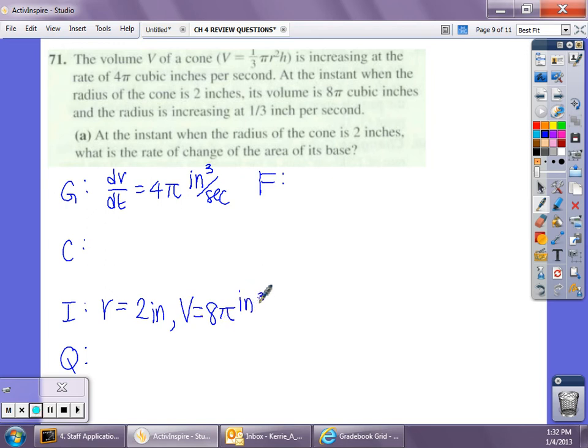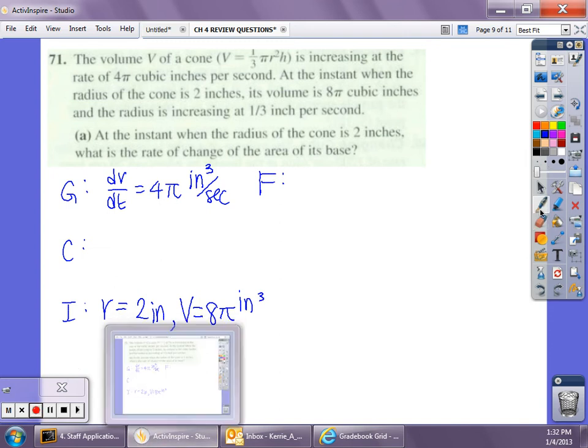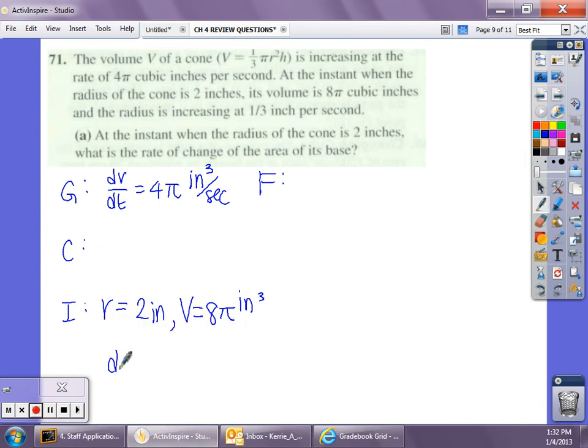And the radius increases at 1/3. All right, there's a lot of given information. And the radius is changing at the rate of 1/3 inch per second. All right, so let's go through and figure out what the question was for this problem.